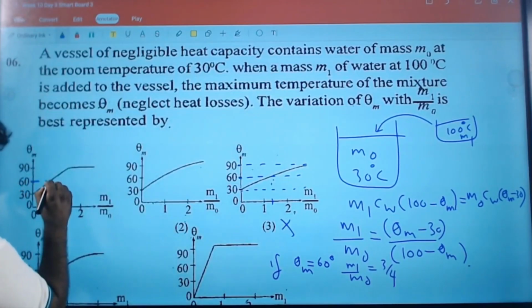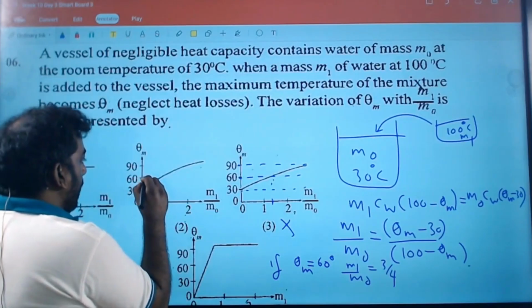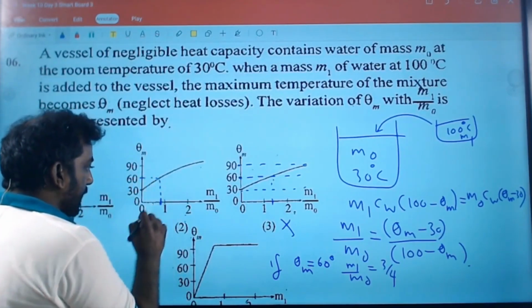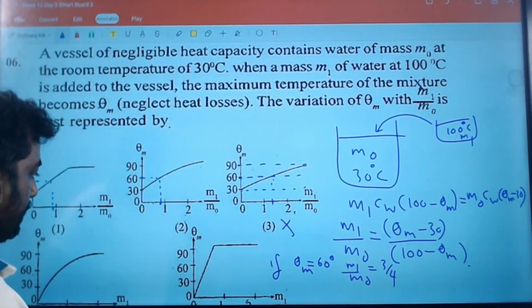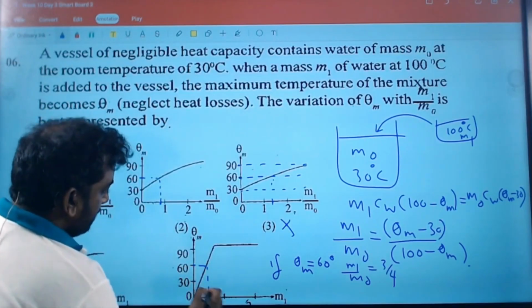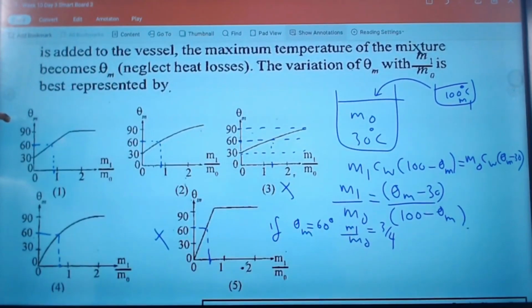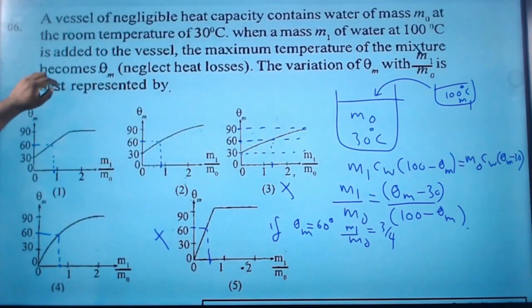At 60 the ratio is slightly less. At 60 the ratio is very less, can't be. Okay, we'll keep it there.